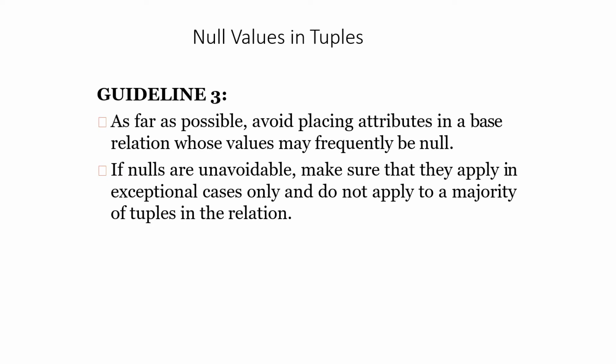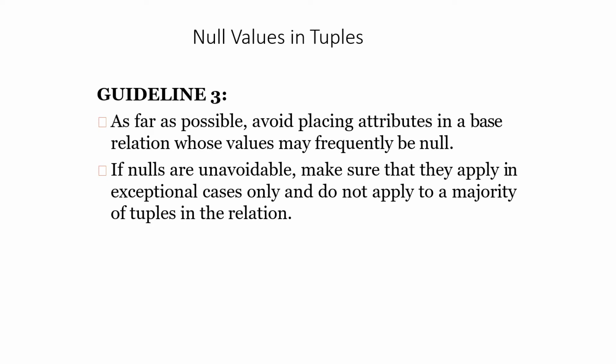So here, firstly, when we have to deal with null in guideline 3, we have to avoid writing those attributes in the base relation whose values may be null. We have to store only those attributes in the base relation whose value would not be null in any way.